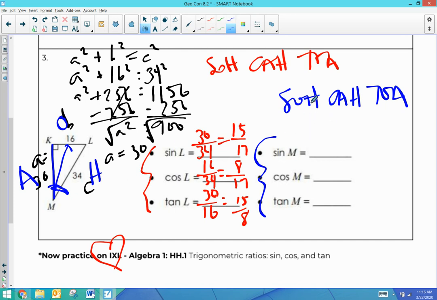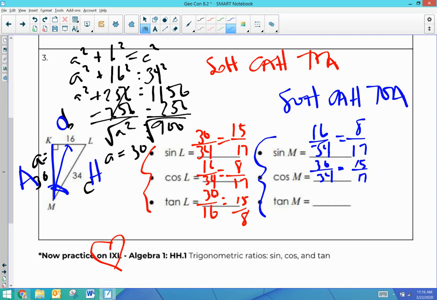Sine. Opposite over hypotenuse. 16/34. We already reduced that before to 8/17. Cosine. Adjacent over hypotenuse. 30/34. Which reduces to 15/17.